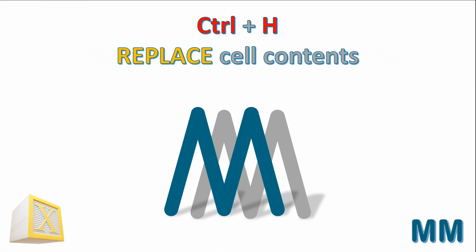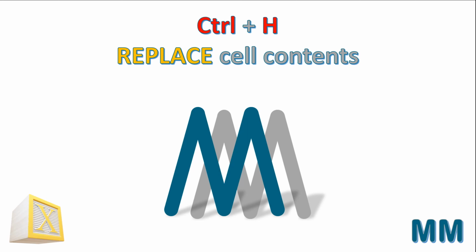If we want to replace something, we have actually two options. That would be the most efficient one, to press Control and H to replace the contents from the selected sheet or the entire workbook as you wish. Alternatively, if you are pressing, like we just saw, the Control F, Find, and you go to the following tab, that's actually the replace.